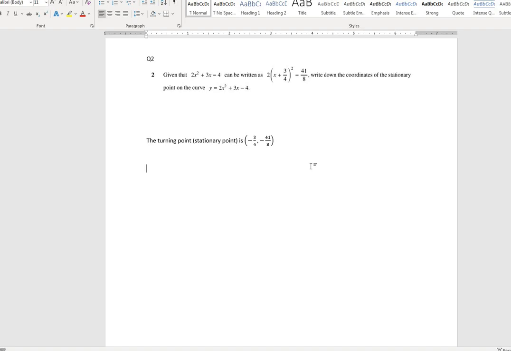So this is the answer. I hope you understand. Turning point and stationary point are the same thing. Okay, done. Second question.